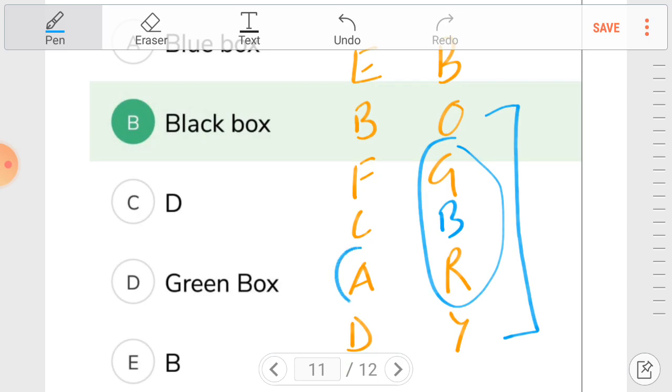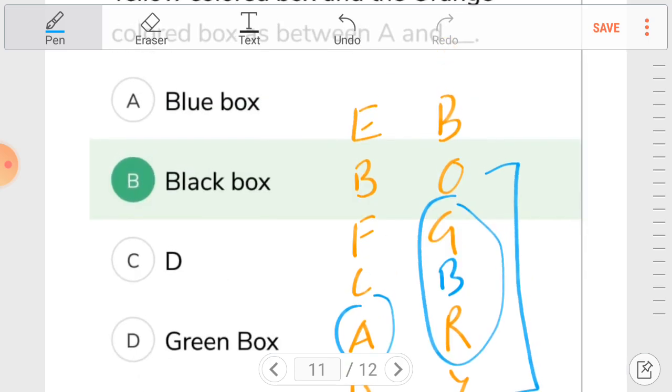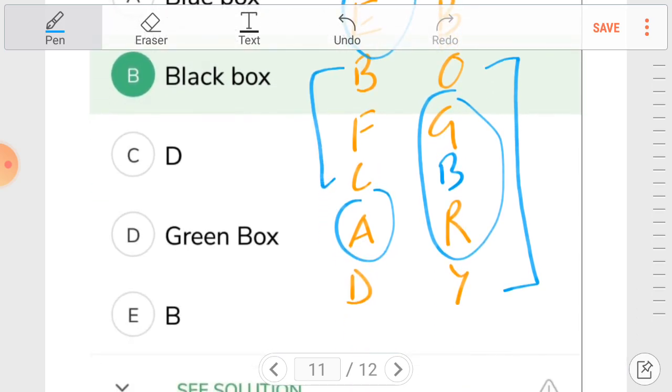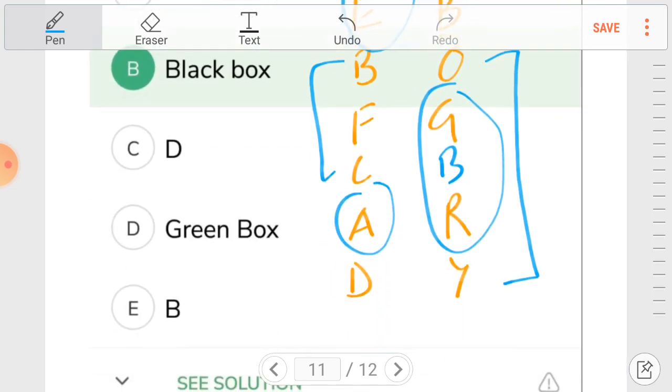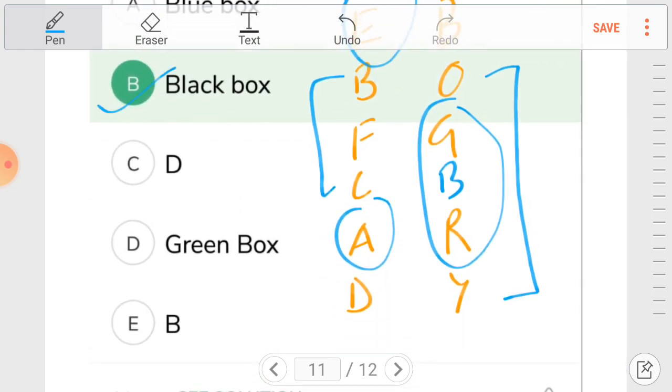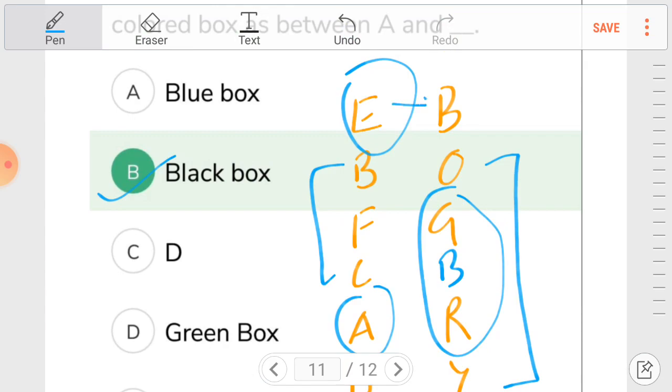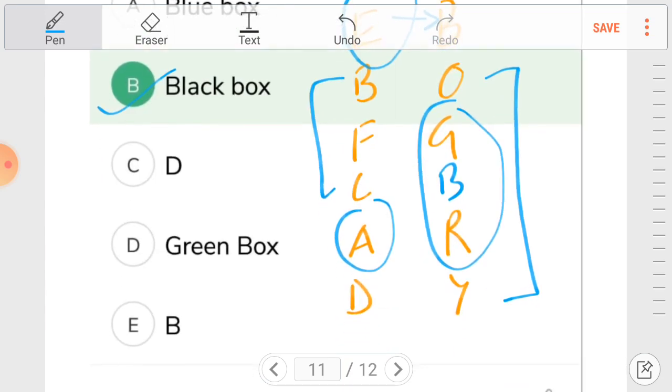So between A and E there are three boxes present. So the option is E, but E is not given. E is given as black box. E is black in color.